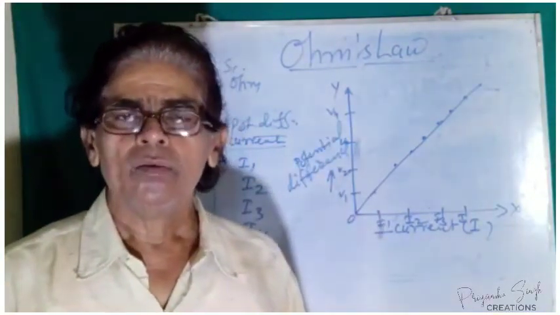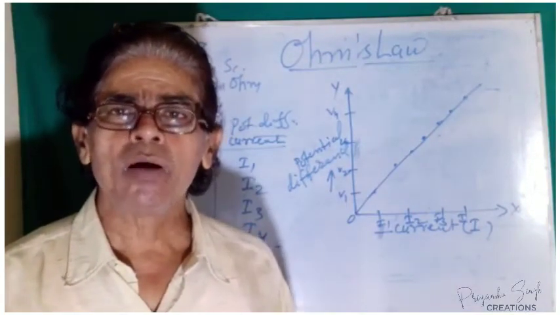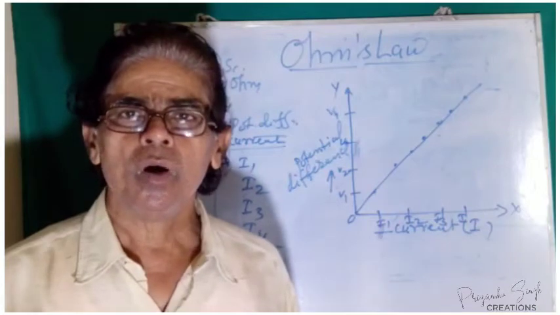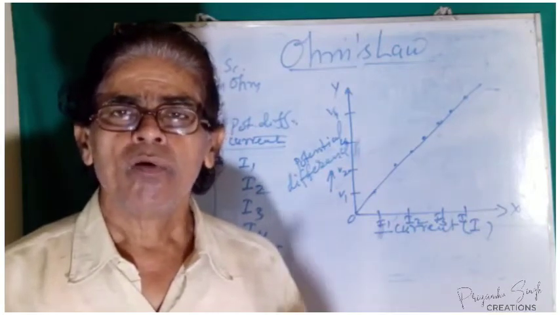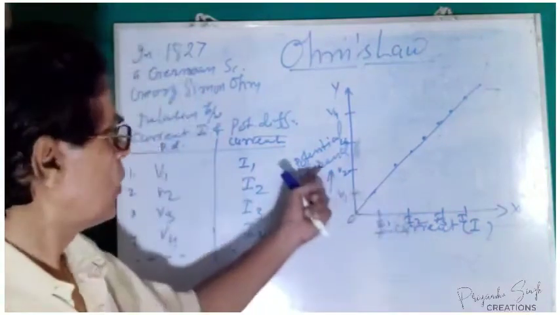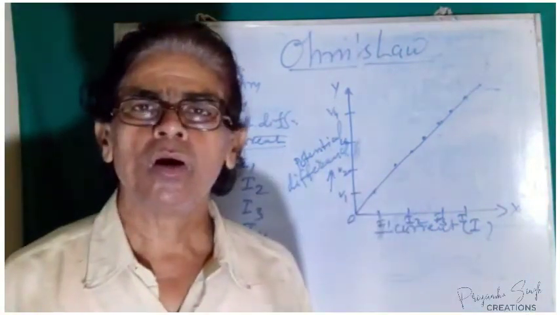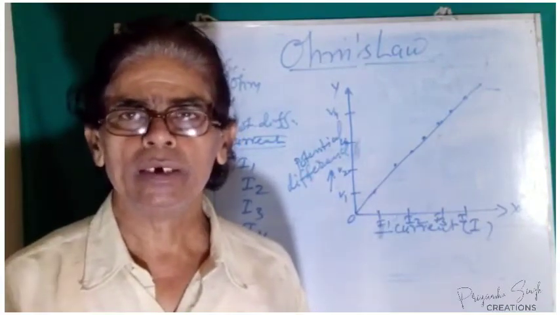By going through this experimental observation, Ohm found that the ratio of potential difference to the current strength is always a constant quantity.